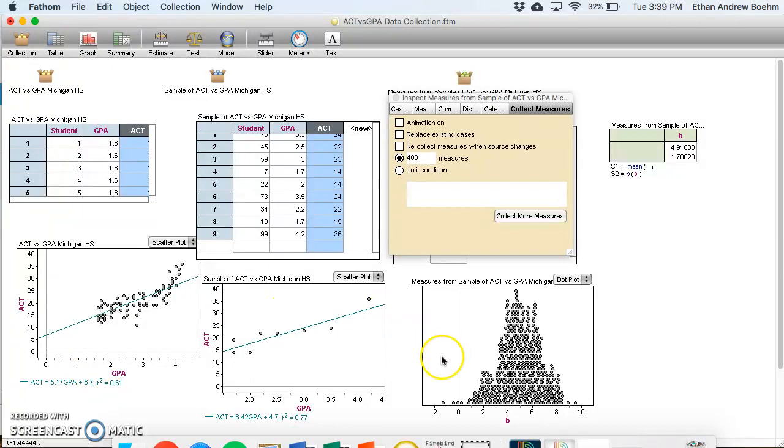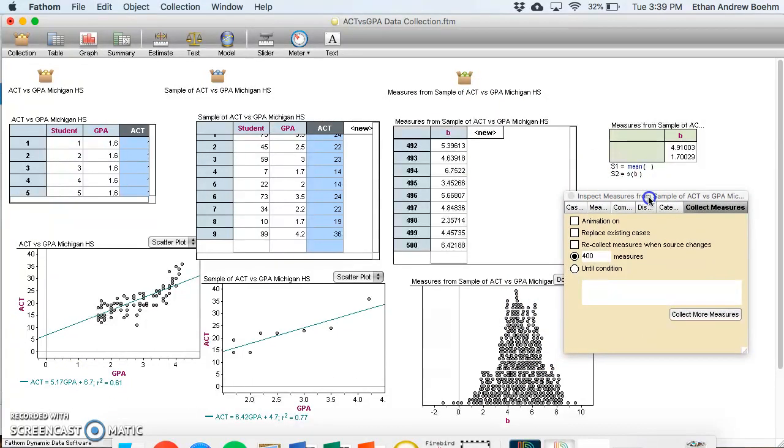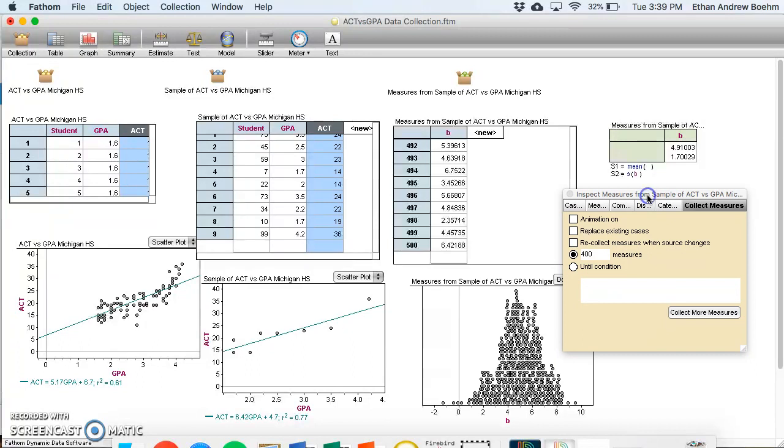The more samples we take and sample slopes we measure and record, the closer we're going to get to this population parameter we're trying to estimate, because it's an unbiased statistic. So that's how we would create the sampling distribution of sample slope. Good luck.